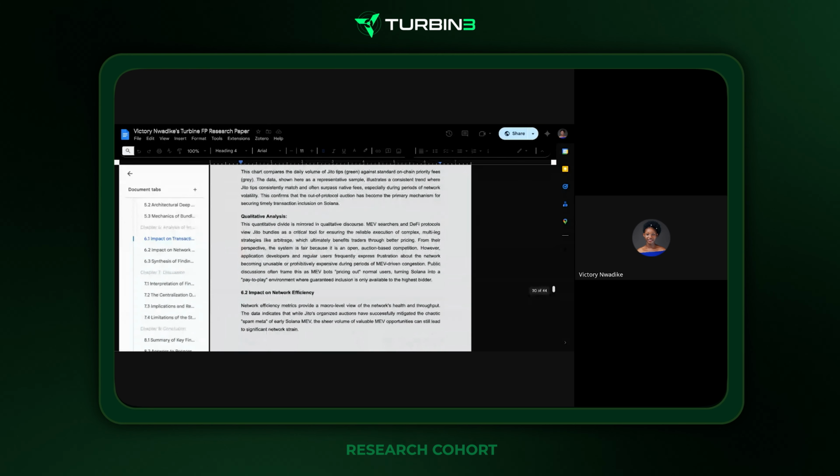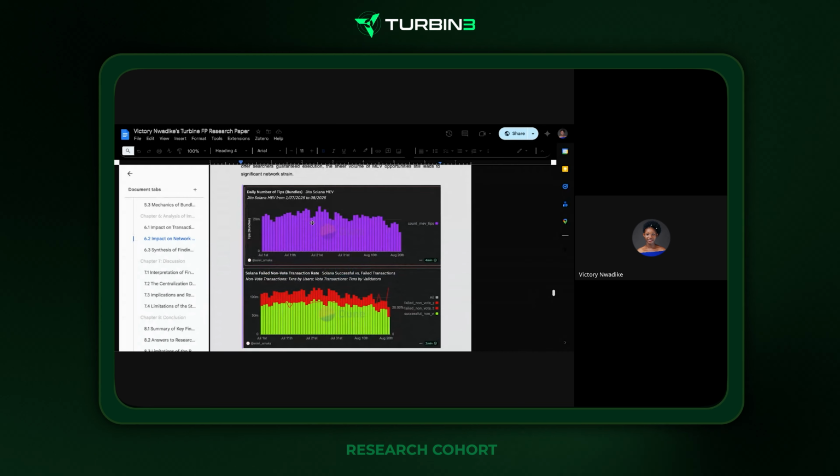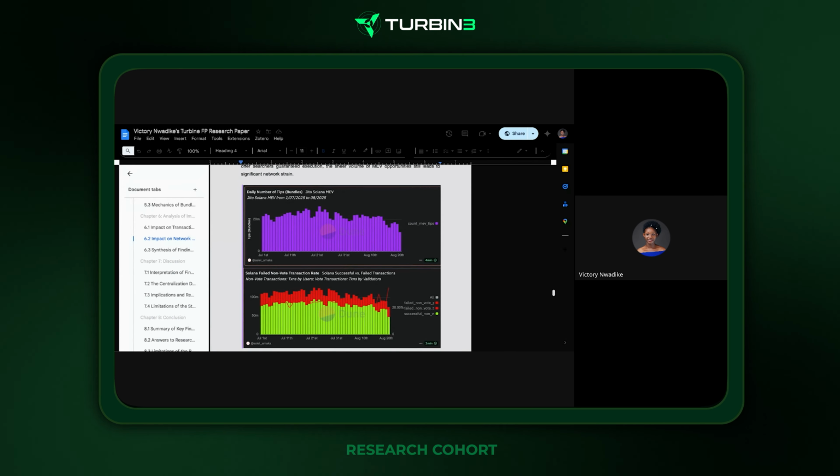Also, for the network efficiency, I used the same data that I used previously. Let me mention some of my limitations here. I didn't get good enough data to support this.